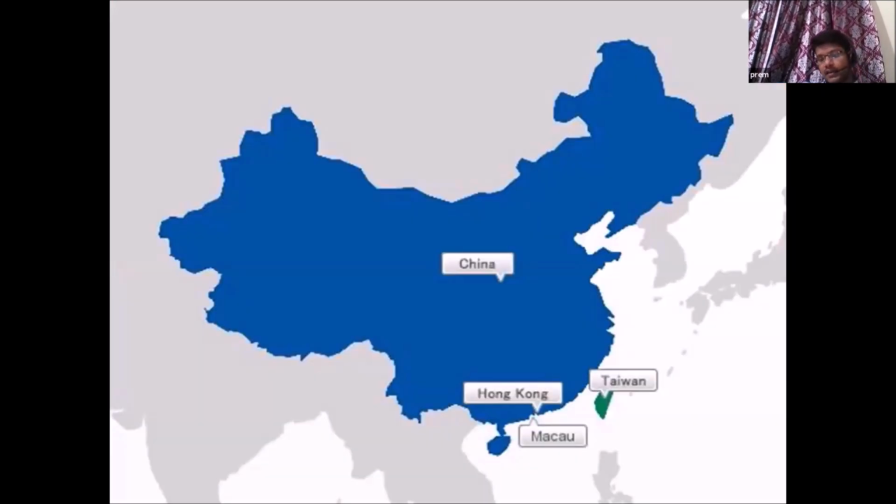See, here it is Taiwan, a small island just beside China. All the nationalists were forced to flee from China to Taiwan, and these nationalists under Chiang Kai-shek established themselves a government. They call themselves the Republic of China. So that is the Republic of China alias Taiwan under Chiang Kai-shek, and the rest of the mainland became People's Republic of China.